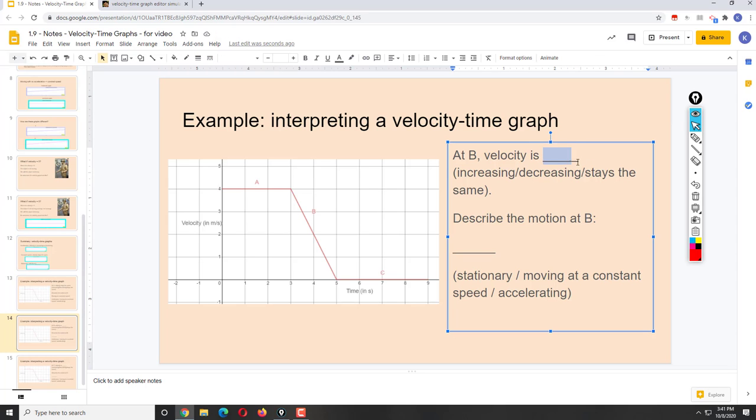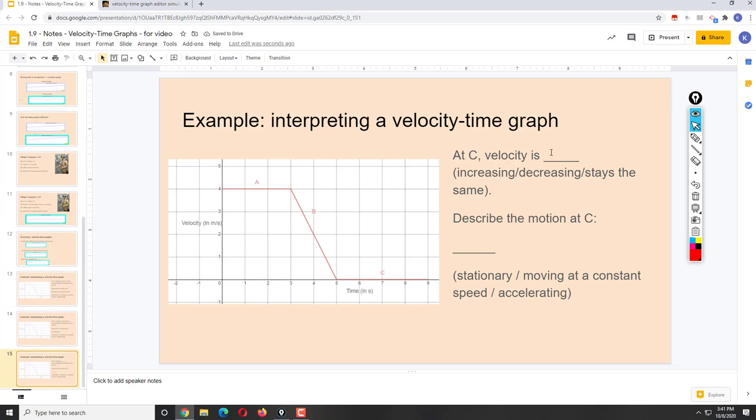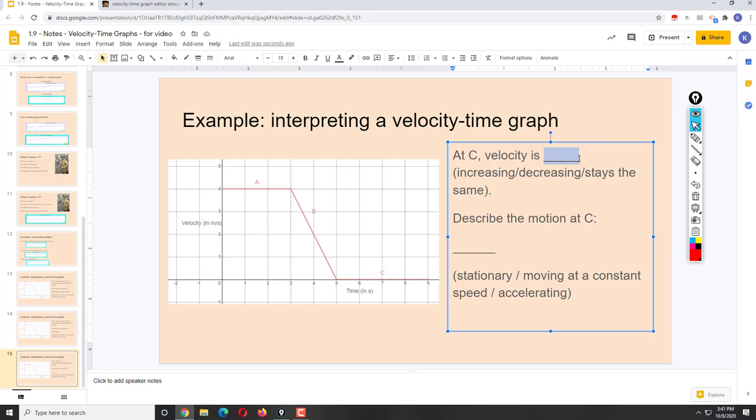B, well, the velocity is decreasing. It's going down. So we have acceleration. It's accelerating. At C, the velocity is also staying the same. In fact, the velocity is 0. Because the velocity is 0, it is stationary.